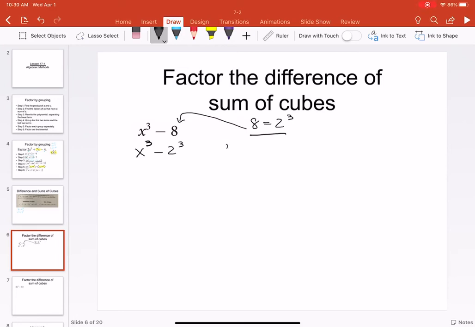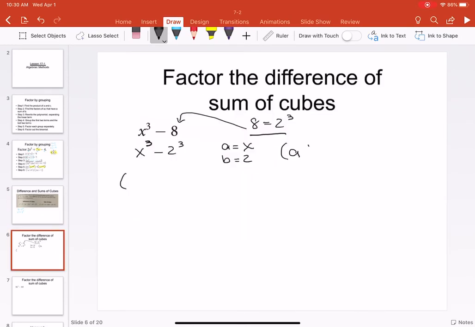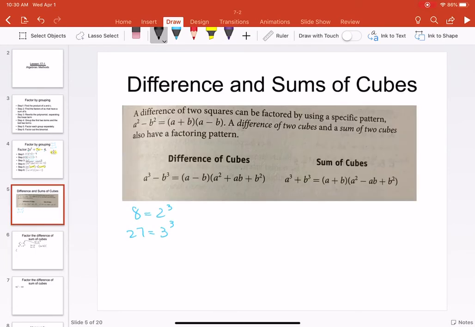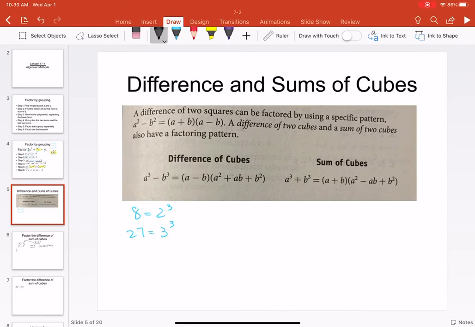Here my A term is considered x and my B term is considered 2. Let me write the formula over here. A minus B times A squared plus AB plus B squared.